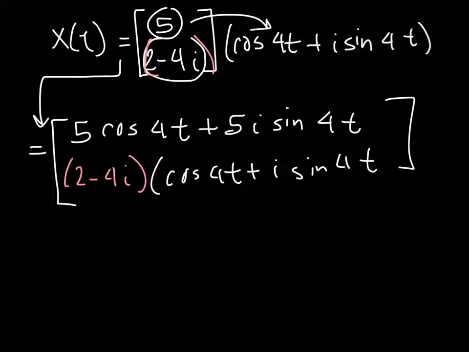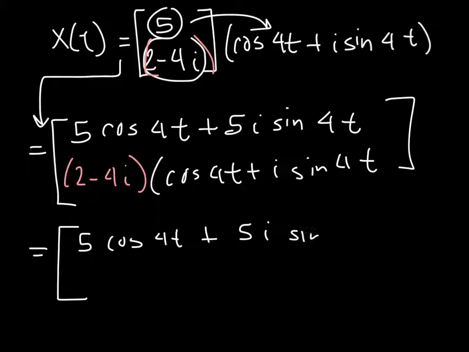The first row is exactly the same: 5 cosine of 4t plus 5i sine of 4t. Now we just have to double distribute with the second row. So I'm doing 2 times all of this. You can even break it up if you wanted to: write 2 times this, and then minus 4i times this.